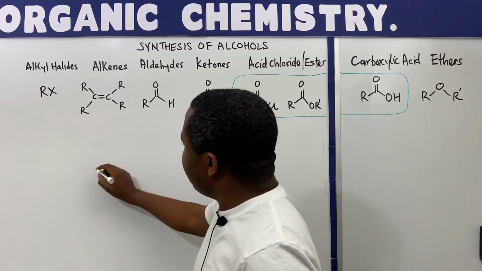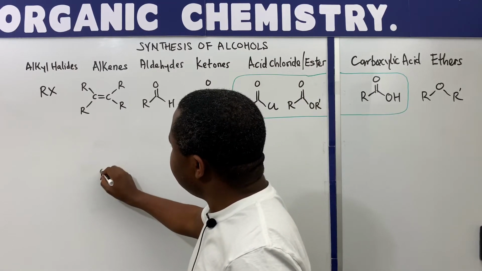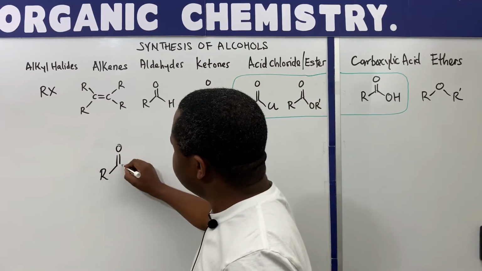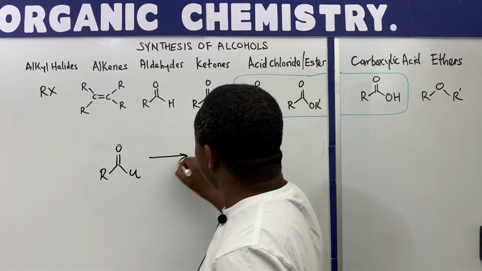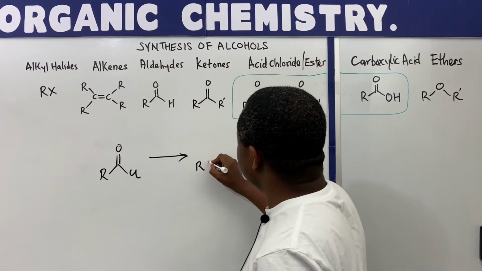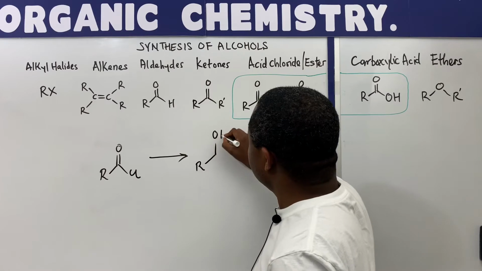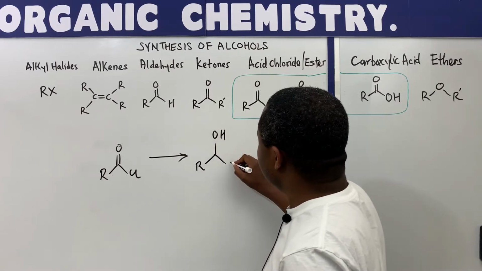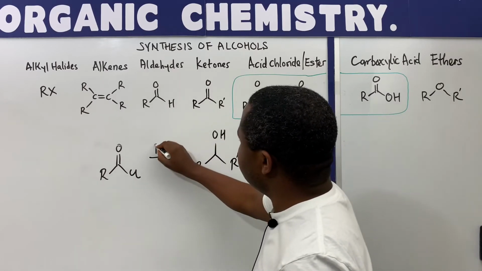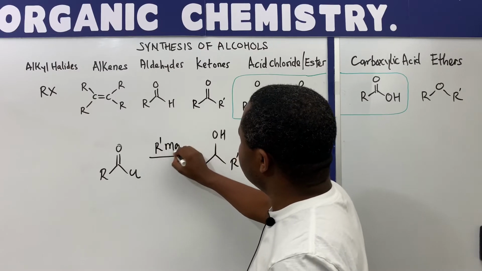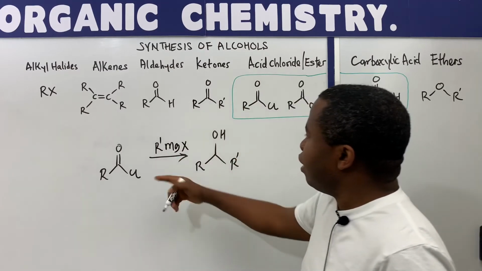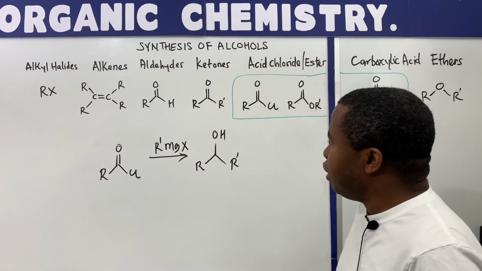So basically we can convert an acid chloride to an alcohol by reacting an acid chloride with a Grignard reagent.